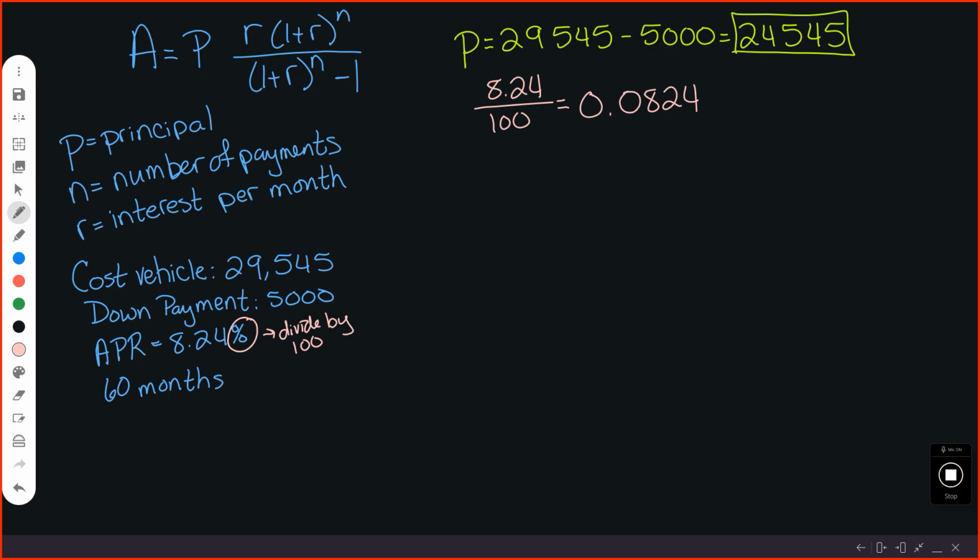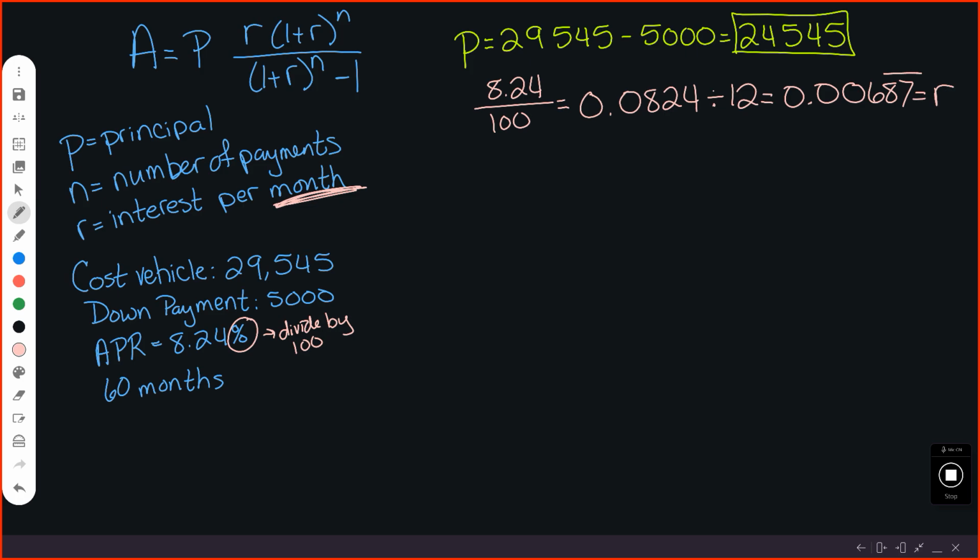Then I need to divide that by 12. Why do I divide it by 12? Because I'm looking for my interest per month. There are 12 months in a year. This is my total interest paid by the year. So I'm going to divide that by 12, and that's going to give me 0.00687. So again, when we did this in class, I think I missed a 0. Does that make a big difference? It sure does.